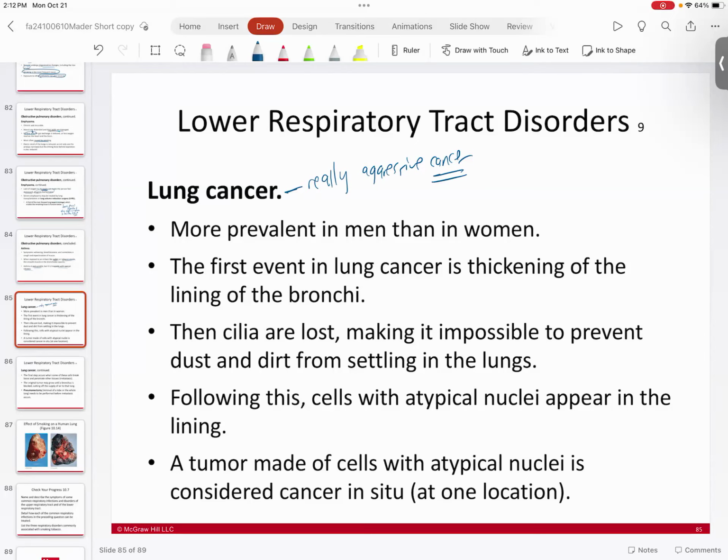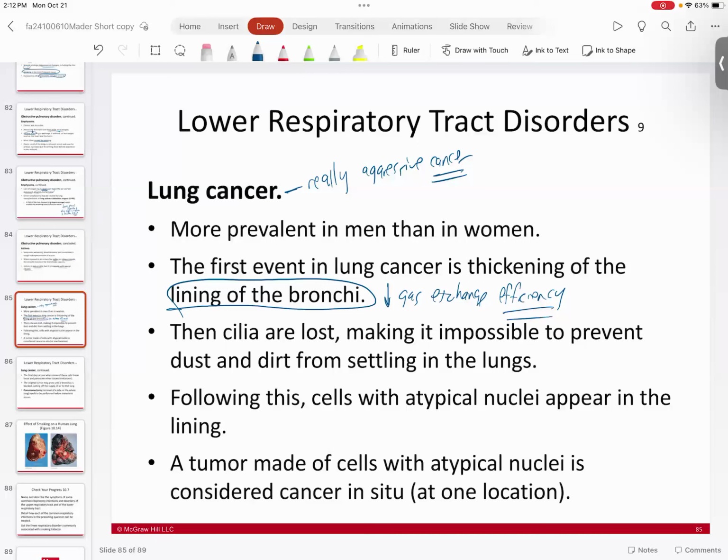And the first thing that happens is kind of similar to what happens in pneumonia, right? So basically you get a thickening of that lining, which decreases the gas exchange efficiency. And so once that starts to happen, then eventually you start to see compromise in the normal functioning of the tissue.